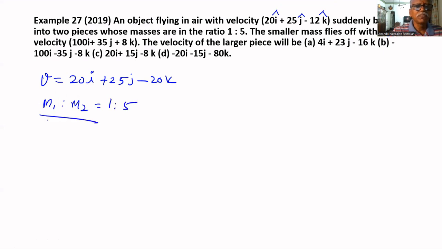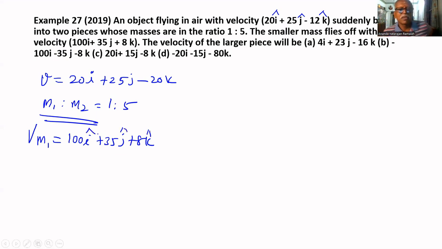The smaller mass M1 flies off with velocity 100I plus 35J plus 8K. You assume that the cap is there. And what is the velocity of the larger piece, V2?